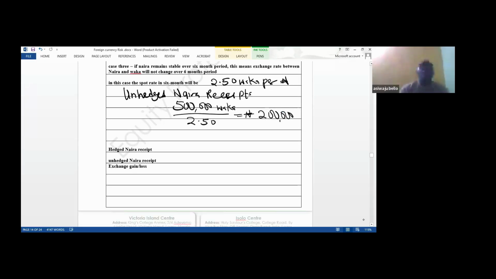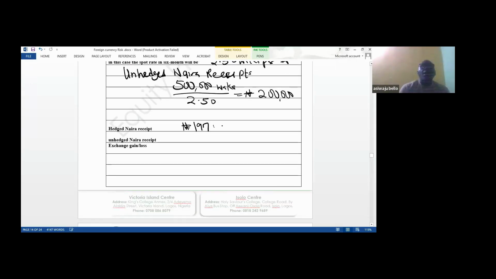Because we have hedged, the amount we are going to receive is the hedged naira receipt. We are going to receive 197,239. Assuming we had not hedged, we would have received 200,000.